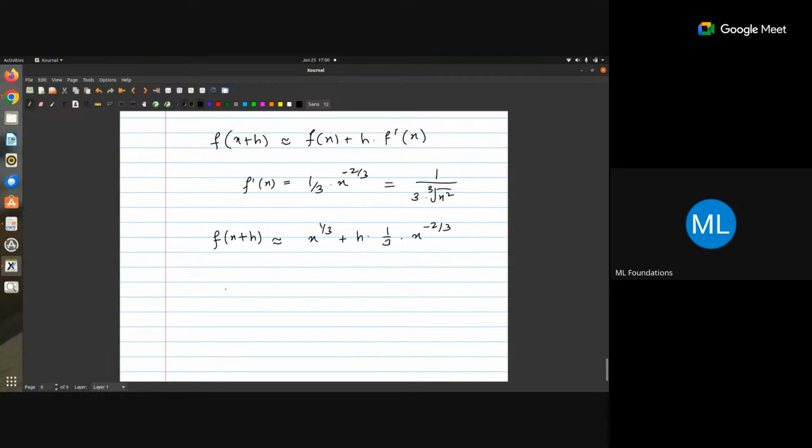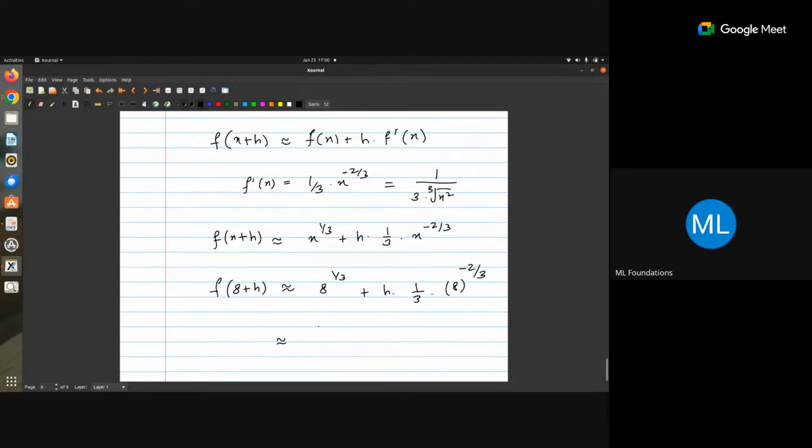I need the linearization around 8. So x will be what? 8, right? So f of 8 plus h is equal to 8 to the power 1 by 3 plus h into 1 by 3 times 8 to the power minus 2 by 3.